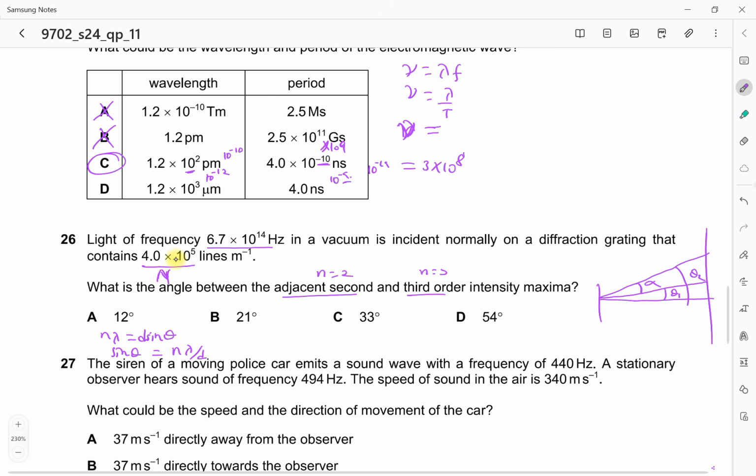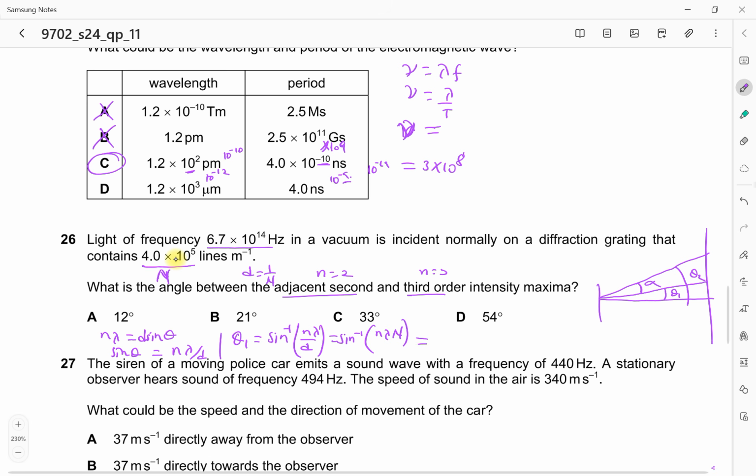So for theta 1, theta 1 is going to be the sine inverse of n lambda divided by d. But remember, d is equal to 1 over capital N, so dividing by d is the same as multiplying by N. So this is the sine inverse of n lambda times capital N.